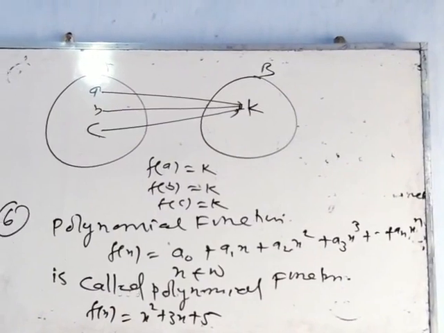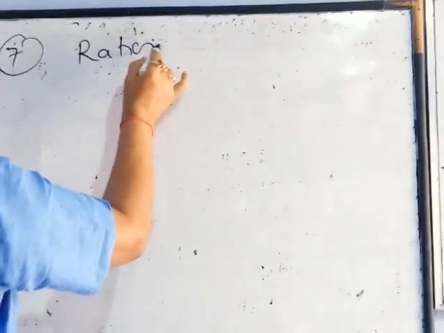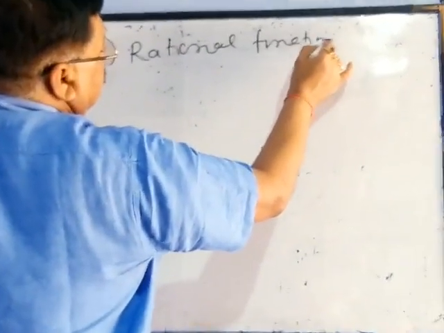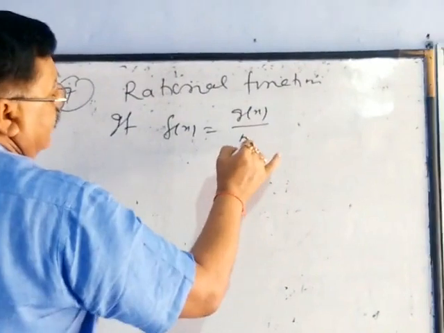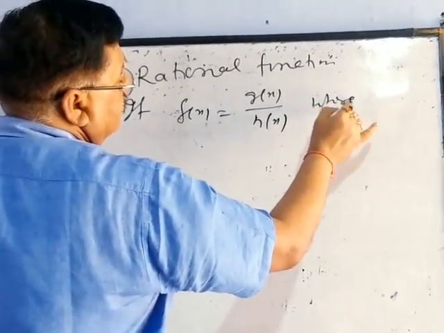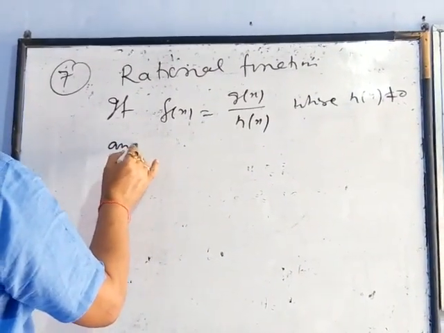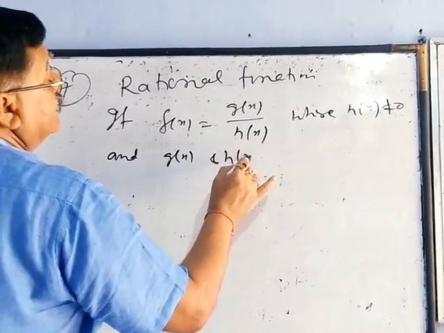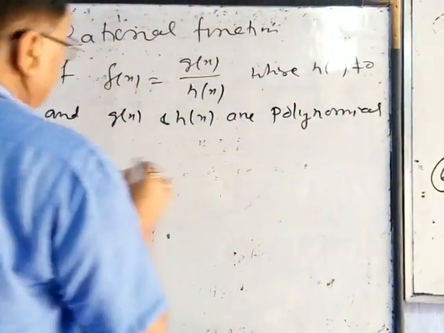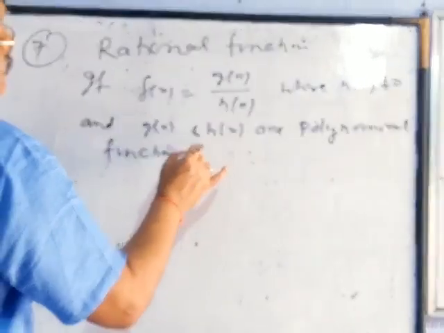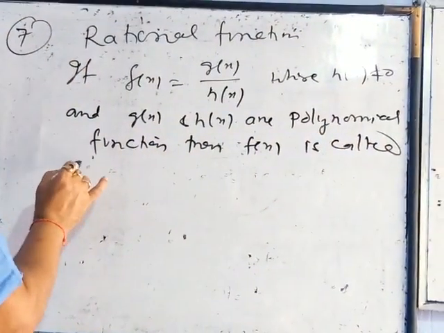Now the rational function, student. If f(x) is equal to g(x) by h(x), where h(x) is not equal to 0 and g(x) and h(x) are polynomial functions, then f(x) is called a rational function.